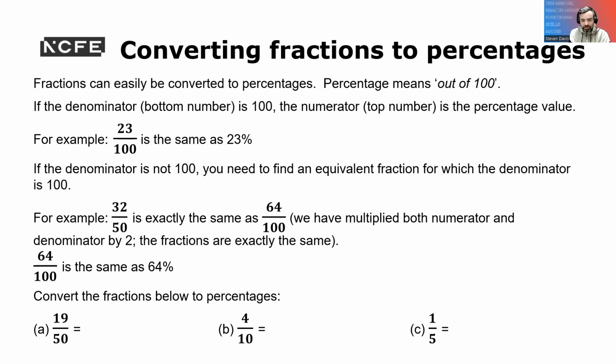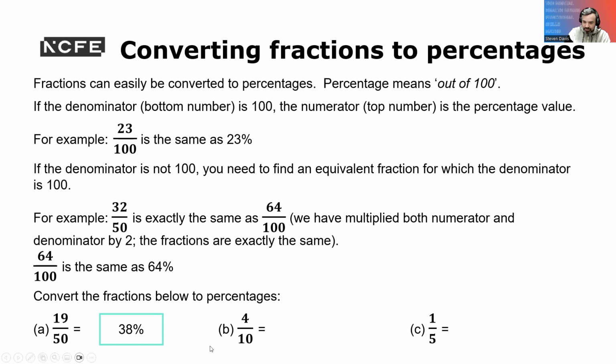So convert the fractions below. So again, we're going to double this up, right? So if we double that up, and then we do that by 100, so it's 19 plus 19 is 38. Good. We're going to do 4 by 10.